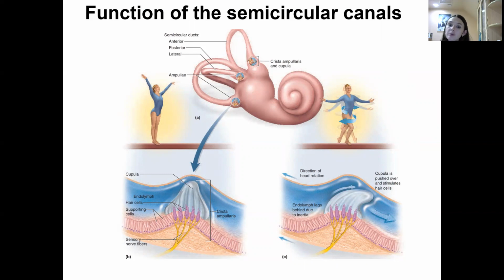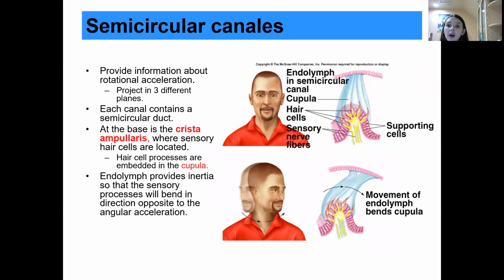The situation is similar, where hair cells embedded in the membrane are pushed in the direction of the acceleration due to the movement of the membrane.